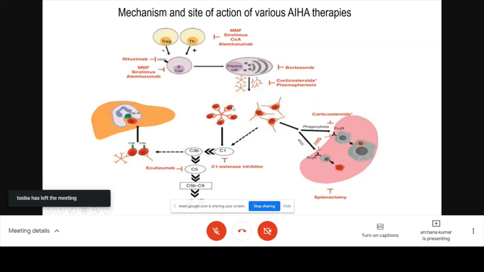If it is IgM mediated, it is also activating the complement system. So at the C1 component, the C1 esterase inhibitors will be acting, whereas eculizumab will be acting at the C5, which we talked about earlier. So these are the areas where the various therapies are acting, just to have a better idea about that.